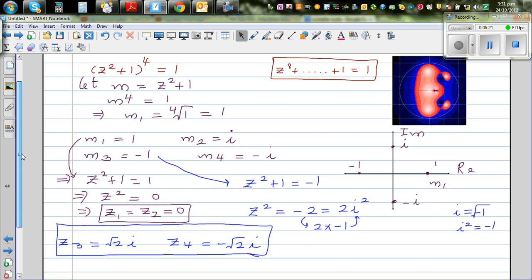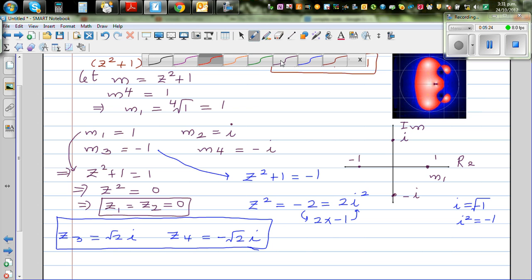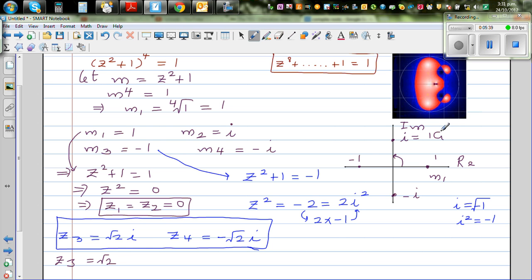I want to write this in polar form. So z3 is root 2 times i. Now i, you should know, is the same as 1 cis pi by 2, going anti-clockwise, and negative i can be written as 1 cis negative pi by 2.